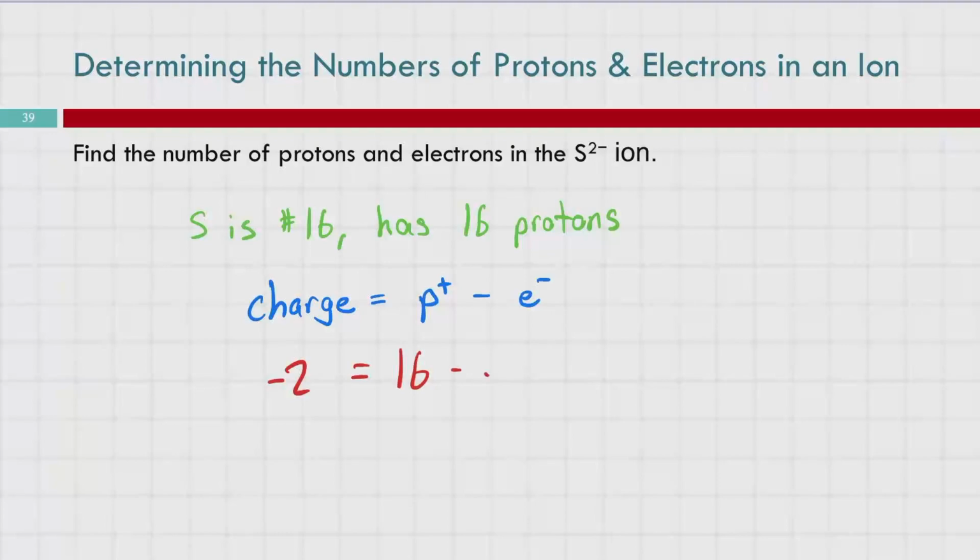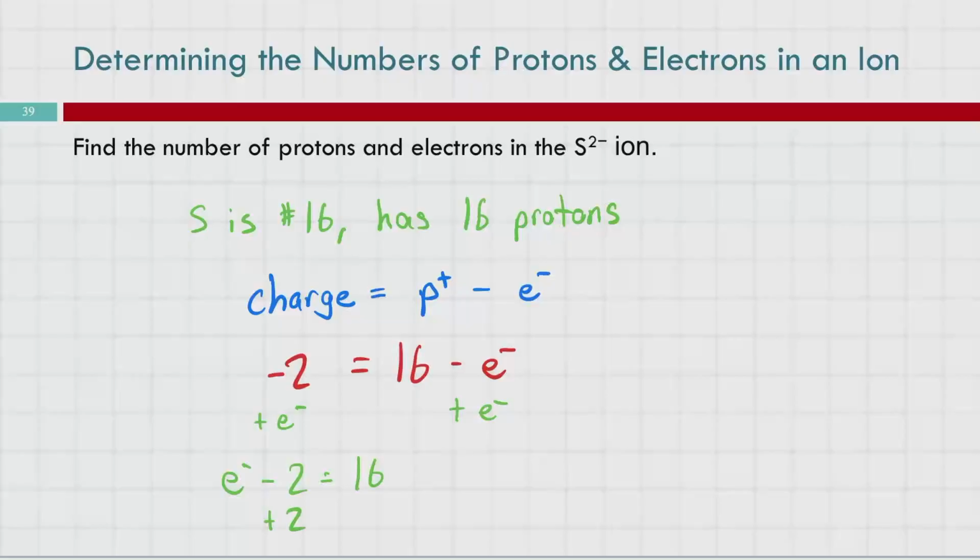Equals 16 minus the electrons. And now we get to do some algebra. So to get the electrons by itself, we're going to add E to both sides. So electrons minus 2 equals 16. We add the 2 to both sides. Electrons equals 18.